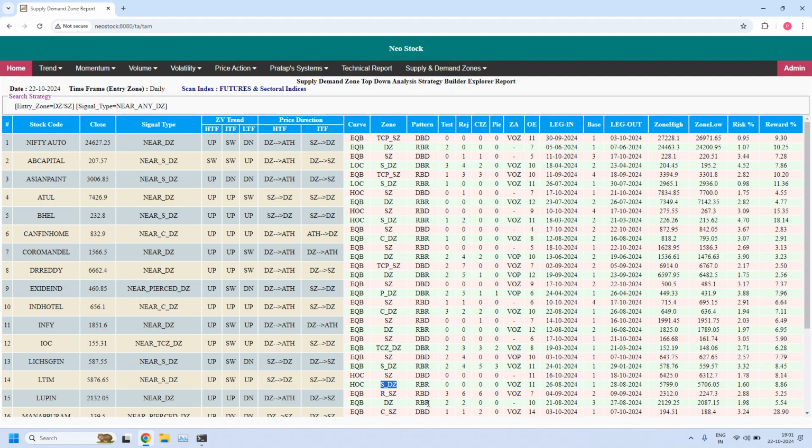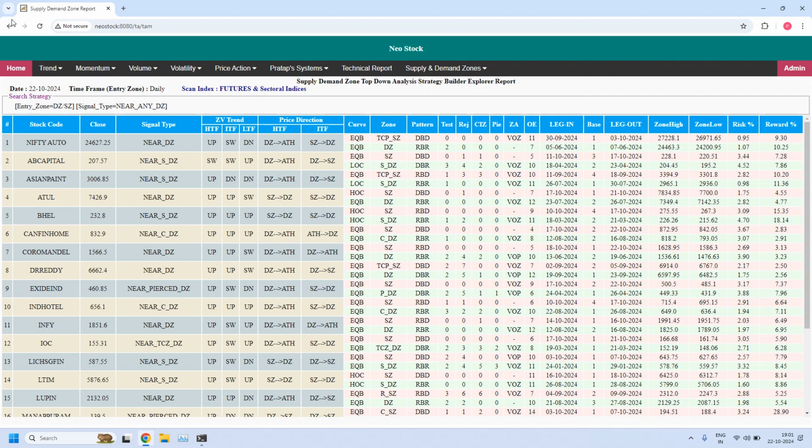So total 6 high liquidity daily demand zones. One invalid is LIC Housing, so we didn't consider. So without LIC Housing Finance, we got 6 stocks. 6 are valid high liquidity daily demand zones from this list.